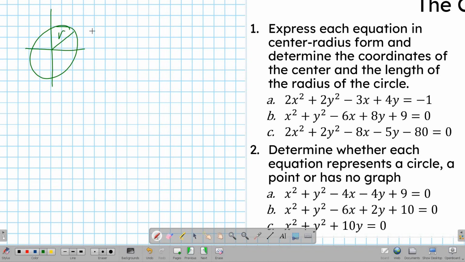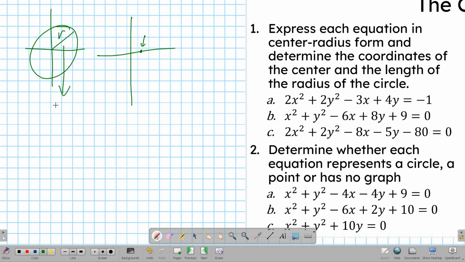That is our basis. If it's a point, it's just a point, there is no radius. However, if it has no graph, that means something different. Even though a point exists, it's different from the point being there and there being no graph at all. What is the difference?